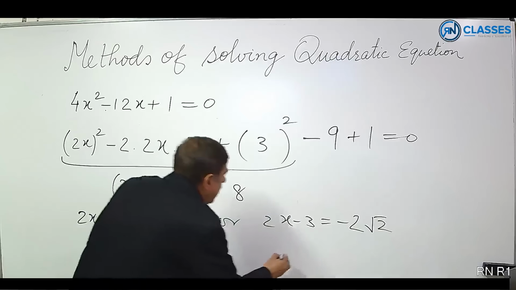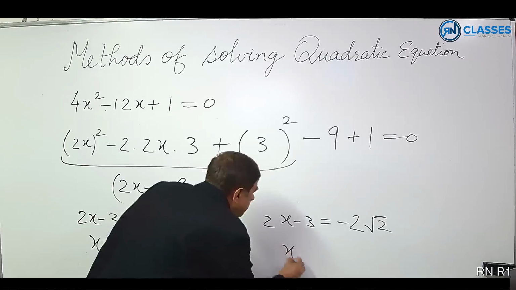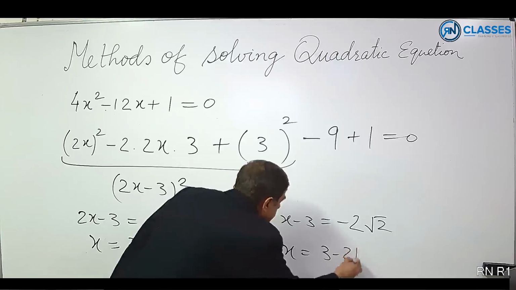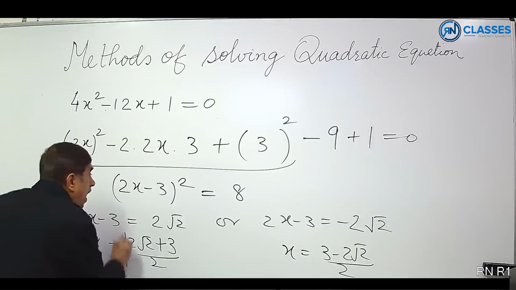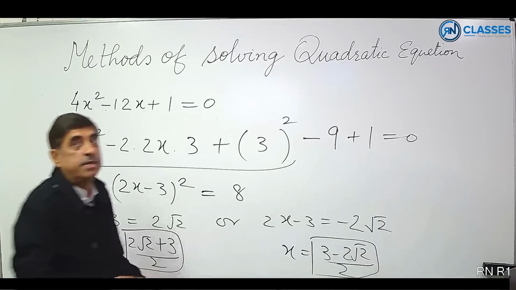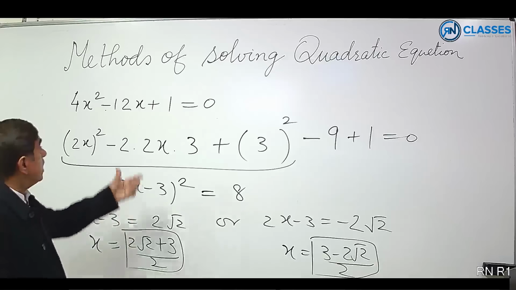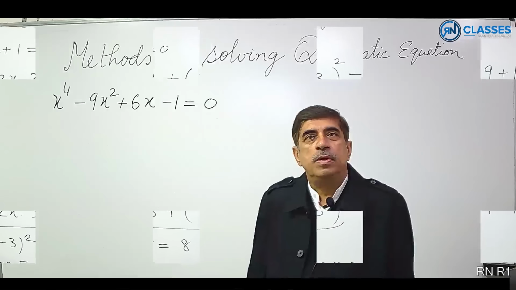And from here, 2x is equal to this, so change the side of 3. x is equal to 3 minus 2 root 2 by 2. So, these two are the solutions of this quadratic equation. Here I used the method of completing the square in order to solve this quadratic.